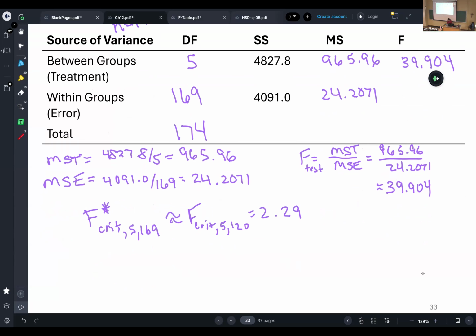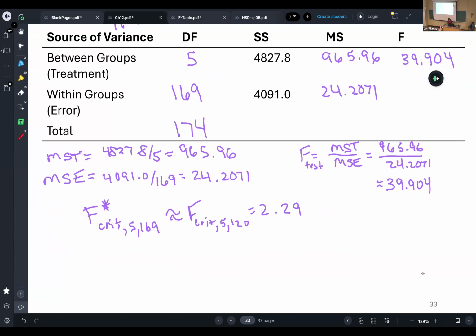And you can see from there what we can conclude. Well, is there a difference in the life expectancies across the world continents? How would you conclude? So we talked about this last week. Formulas are really important, and knowing how to draw conclusions is really important.